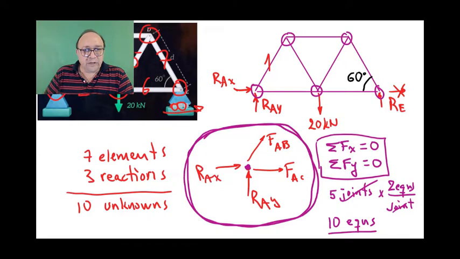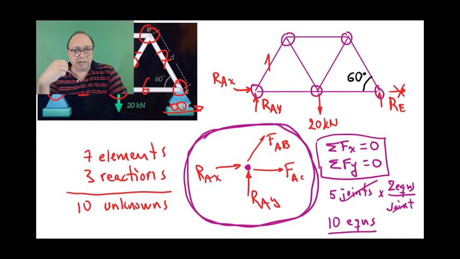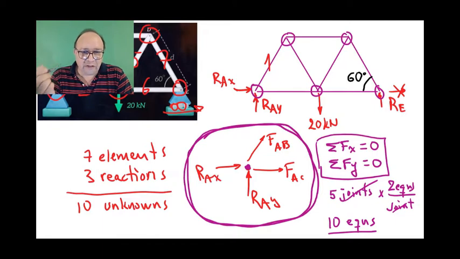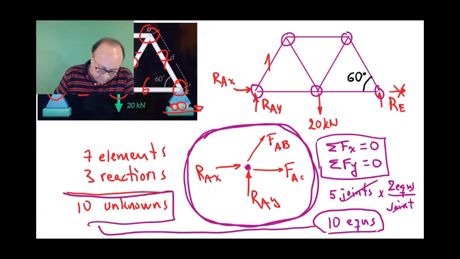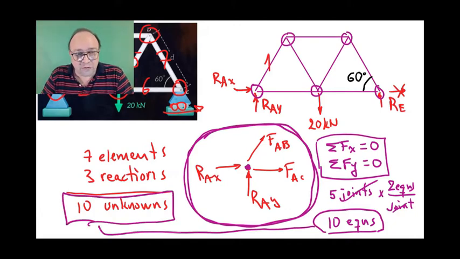You count the number of joints in the structure and multiply by 2, and you can determine how many unknowns you can find. So that's what you see here. You have 10 equations, you have 10 unknowns, and that's how you can start to do your calculations, because if this equivalency between number of equations and number of unknowns doesn't hold, then you will be in trouble.